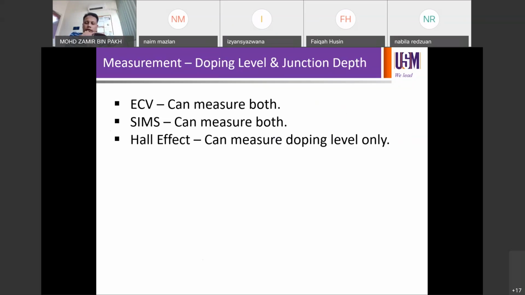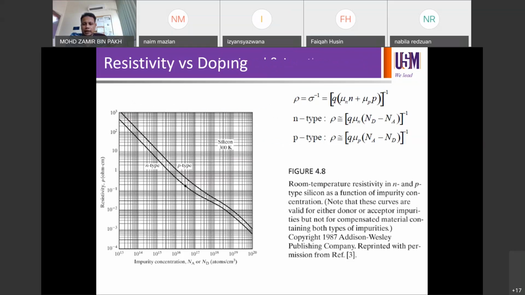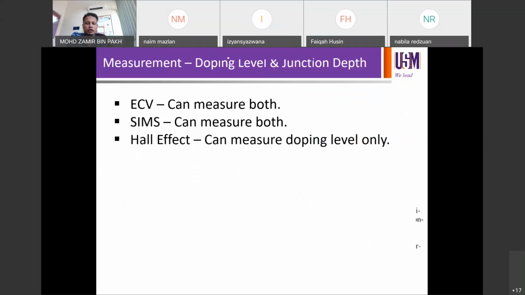Another one that you can see on the video that I've uploaded from UNSW is the 4-point probe, the simplest method. 4-point probe, dia boleh bagi tahu you the sheet resistance and the resistivity, then from the sheet resistance and resistivity of the surface of the silicon, you can come back to this curve and predict the carrier concentration inside the dopant profile, right? But it's not accurate, but it's the simplest one. If you want to know the exact profile, the junction depth and everything, you have to go for ECV or SIMS, right?